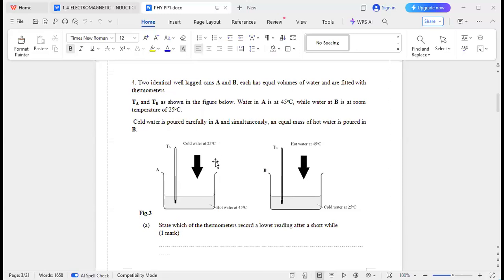We can see A has 25 and B has 45. This is hot water, cold water. So let's use the diagrammatic labeling. This is 25, this is 45. This has an error. Cold water is poured carefully in A and simultaneously an equal mass of hot water poured in B. State which of the thermometers record a lower reading after a short while.